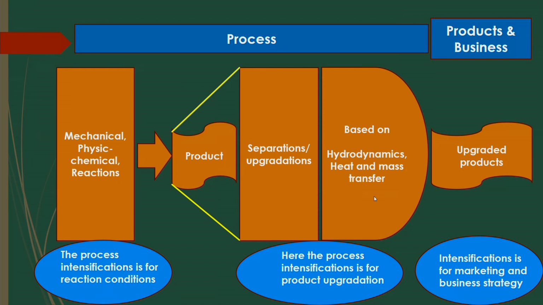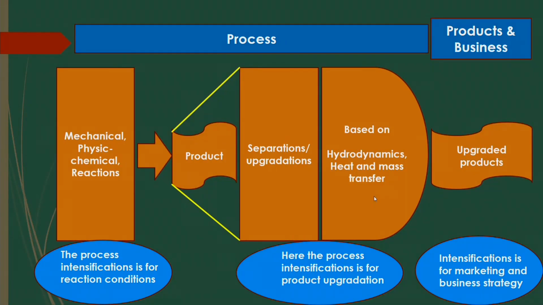That should be highlighted in business strategies, and also advertisements should be given in the market, so that the degree of purity of the products is at a certain level. That is business strategy, how to sell the products easily, and how to make people aware whether these products are good or not.